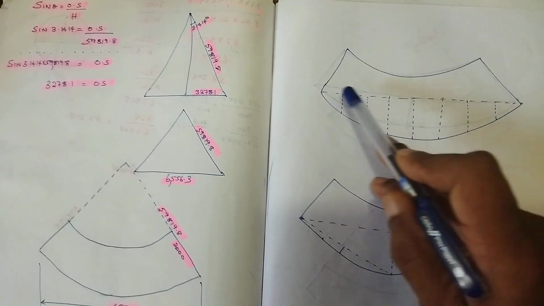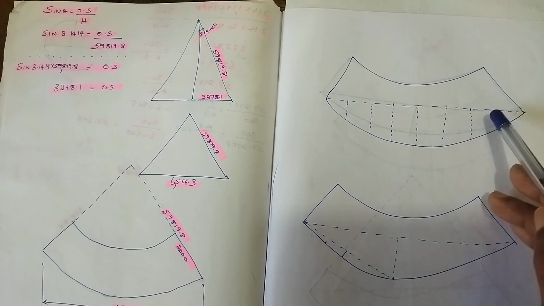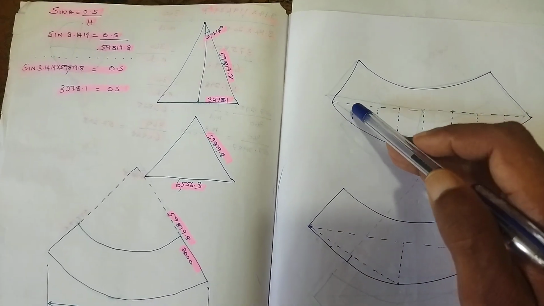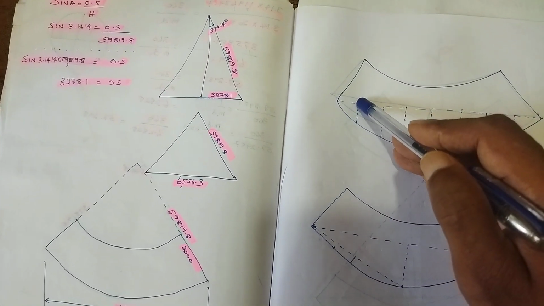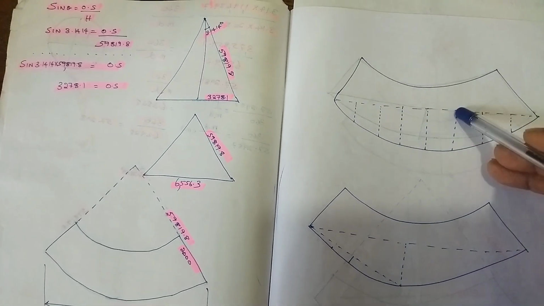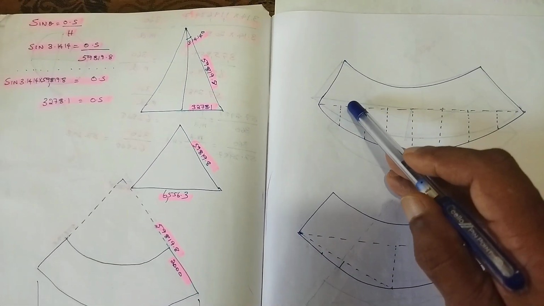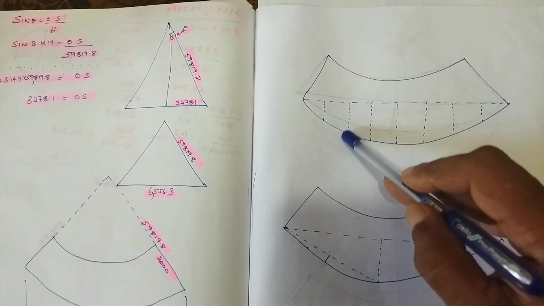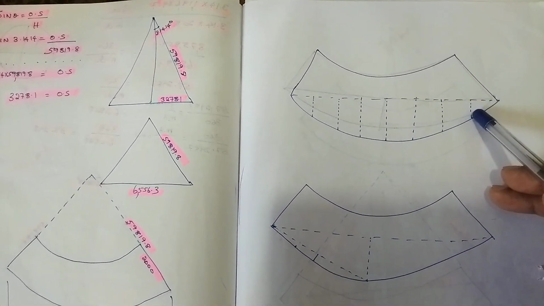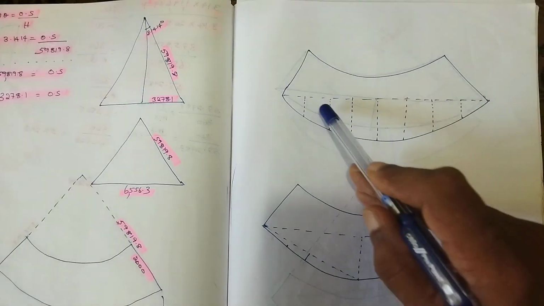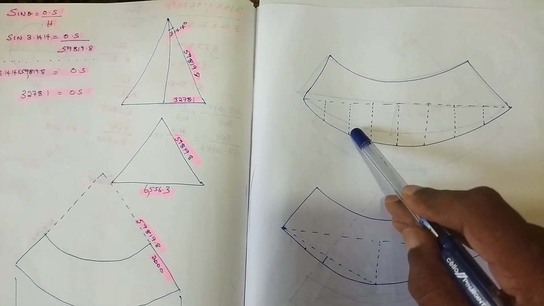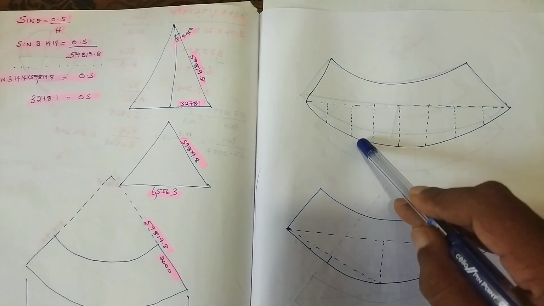Afterwards, this line has to be divided equally and perpendicular lines have to be made to the bottom side. Then each line will have a different length. These different lengths have to be found out. If we find these different lengths, we can make this radius.